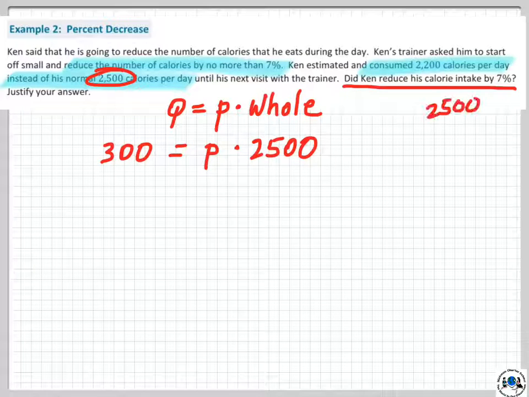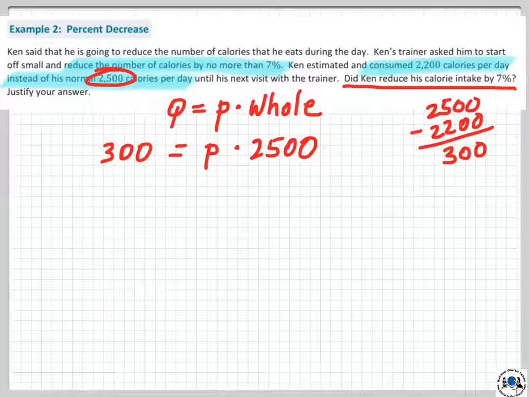Now, that 300 was come across by just taking the normal 2,500 and subtracting out his new intake, which is 2,200, and coming up with the 300 calories. Okay, so we're trying to find out, did Ken reduce his calorie intake by 7%? So we're looking at this quantity number, this Q over here, as being the percent, as the amount decreased.